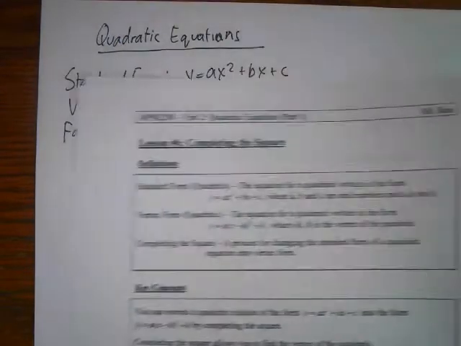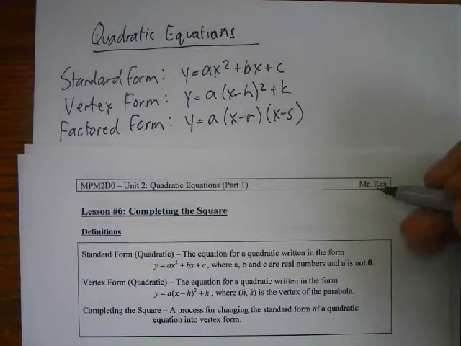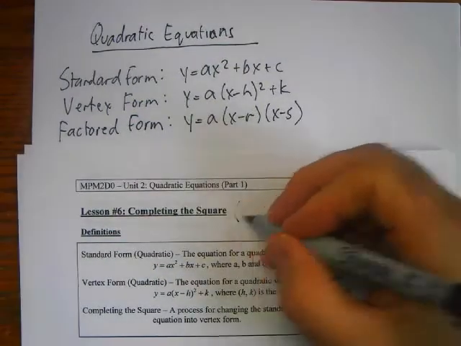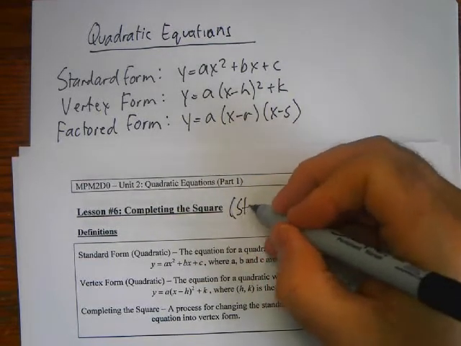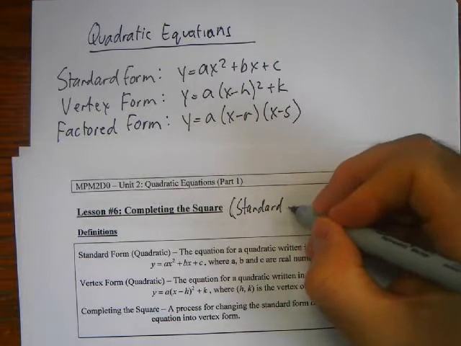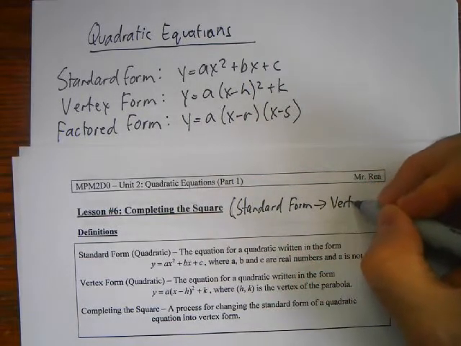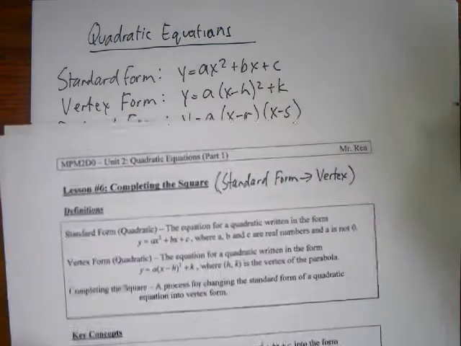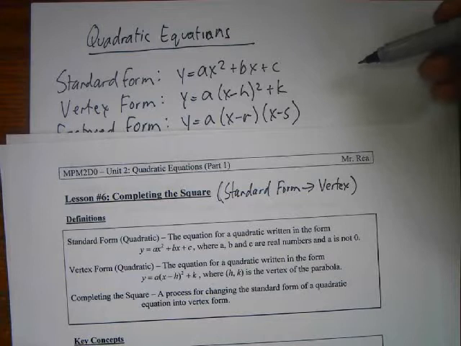So this lesson, completing the square, takes you and converts from standard form into vertex form, because if we look at standard form, it really doesn't give us much by itself.